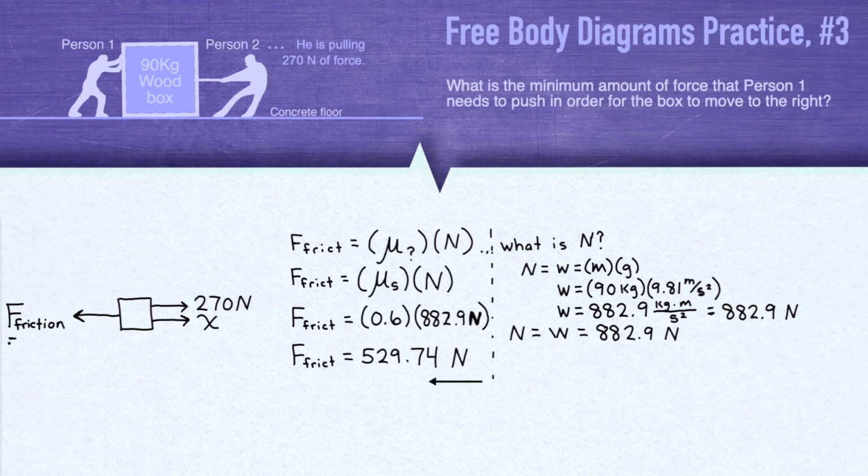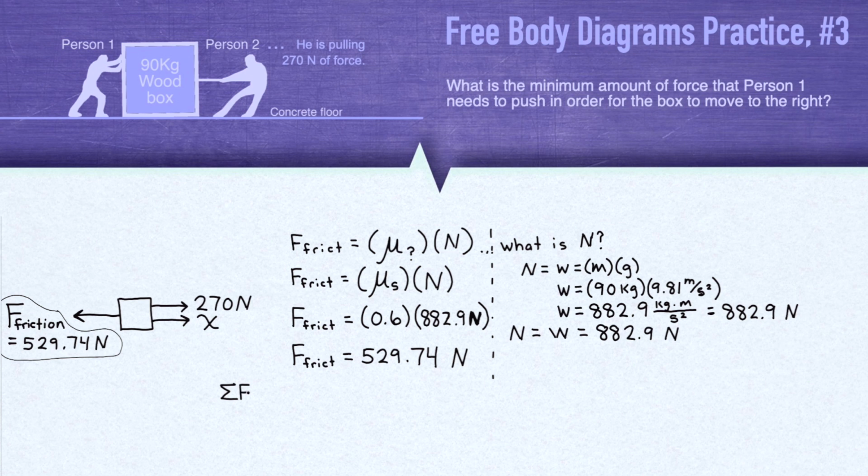So then the last thing we need to do is figure out how much force x needs to be in order for the box to move to the right. So what we'll need to do is find the summation of the forces in the x direction, and I'm going to make it equal 0 so that we can solve for x. We can solve for how much force person 1 needs to be pushing.